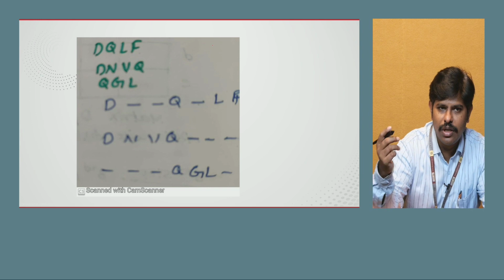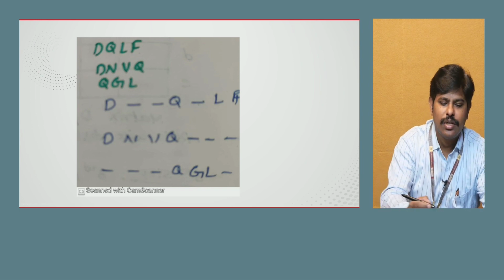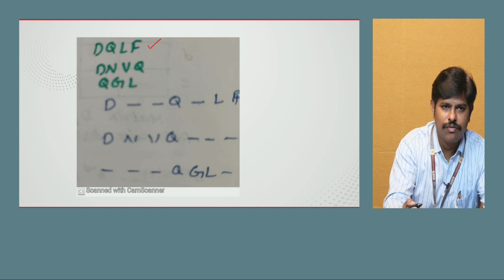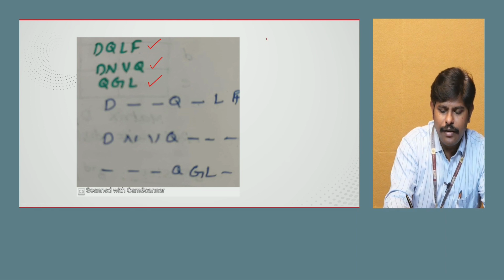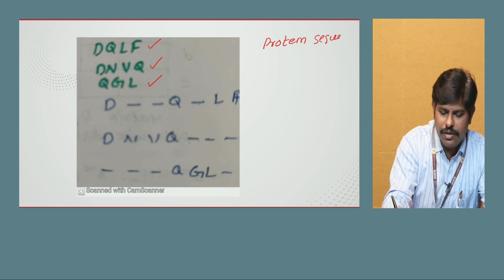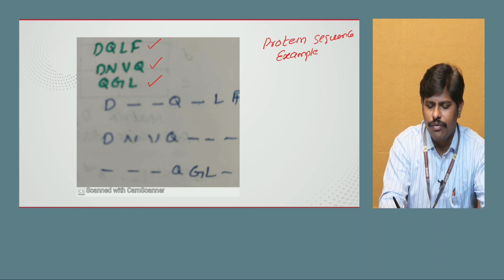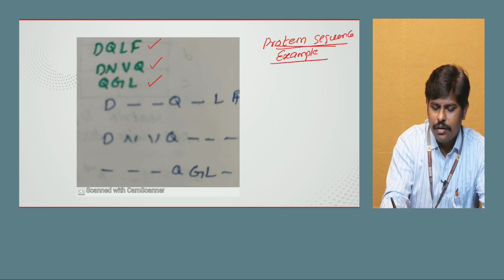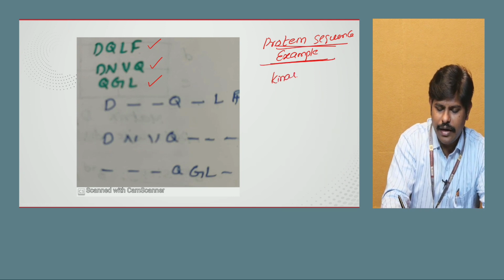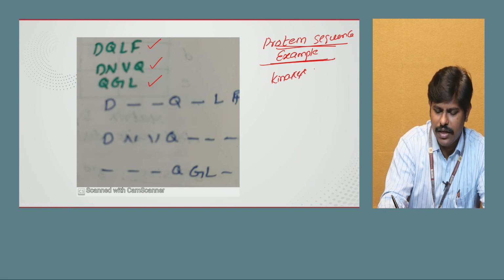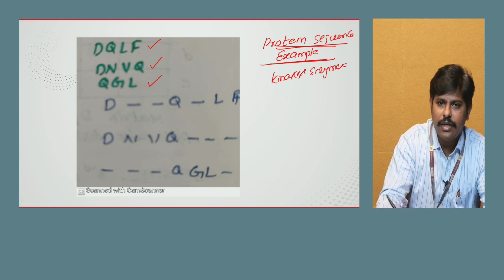Assume that I have 3 sequences: D, Q, L, F as sequence 1, another sequence D, N, V, Q, and a third one Q, Z, L. I am taking a protein sequence example, the simplest motif, a conserved motif present in kinases, at the kinase enzyme active site.